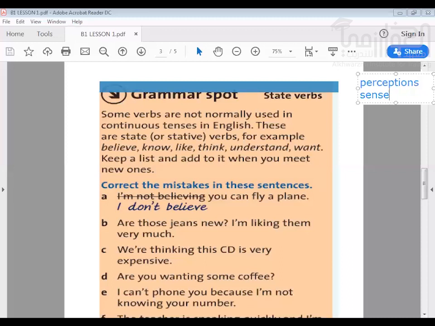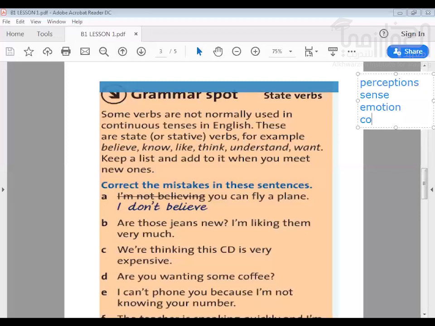And also things of emotions, how you feel about things. We also don't use them in the present continuous. And also what we call cognition. Cognition is your thinking process, things that you understand.